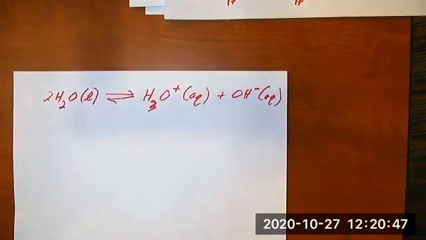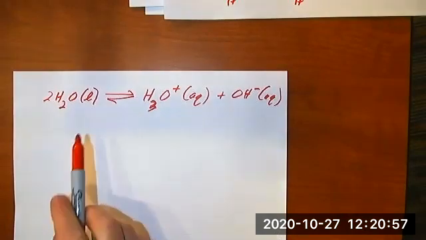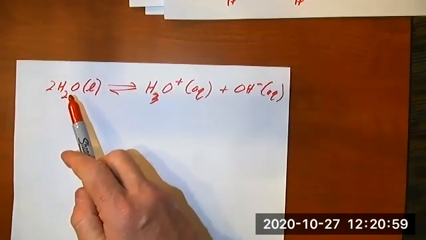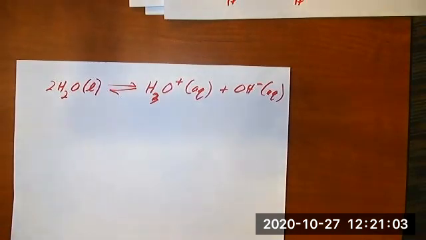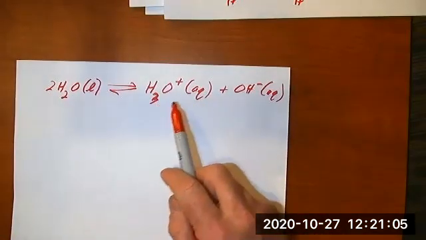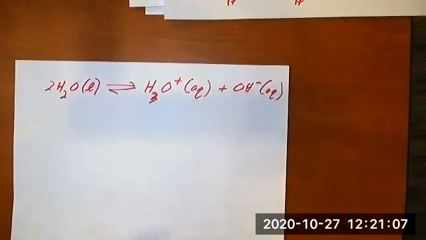This reaction here is an equilibrium that is always happening very rapidly within a sample of water. We have water molecules where a proton is getting donated from one of the water molecules to another of the water molecules, forming both the hydronium ion and the hydroxide ion.